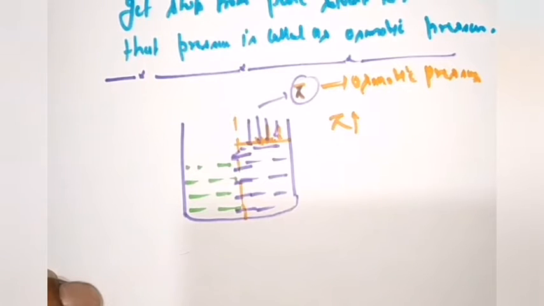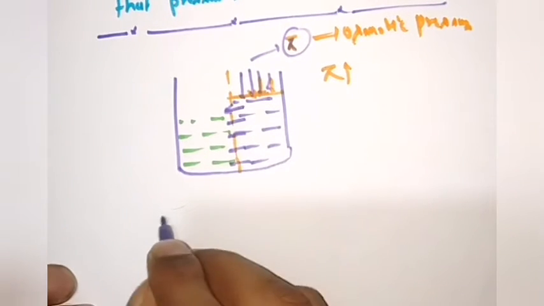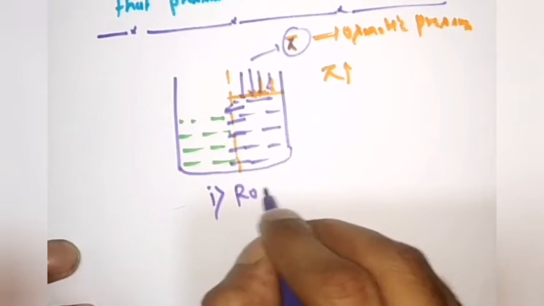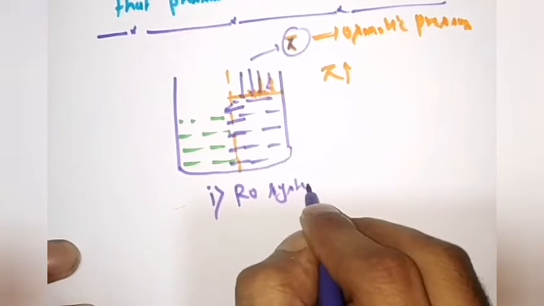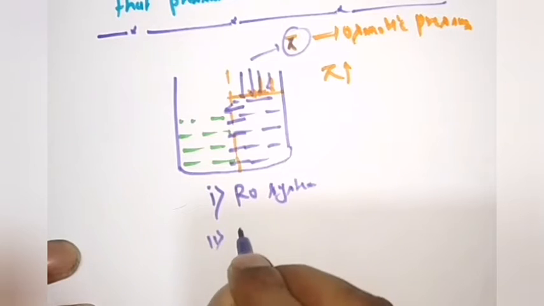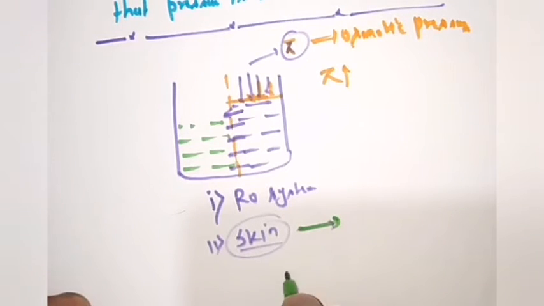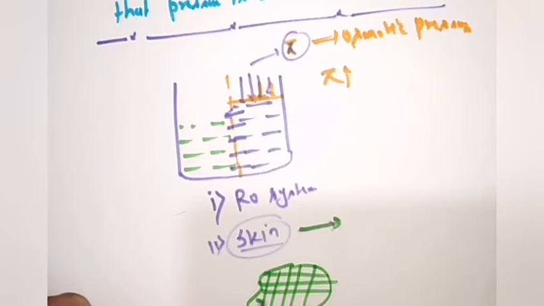Let's understand another example, just like our skin. The first example is the RO system, and I'm writing the second example, our human skin, or anyone's skin. Skin works as a semi-permeable membrane. If this is skin, you will see there are so many pores on the skin.